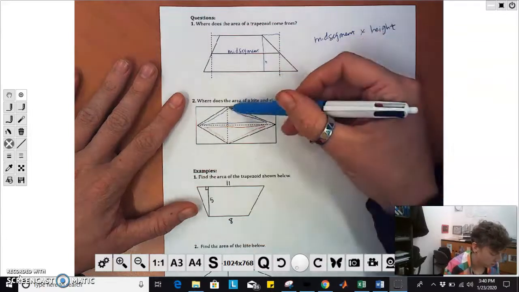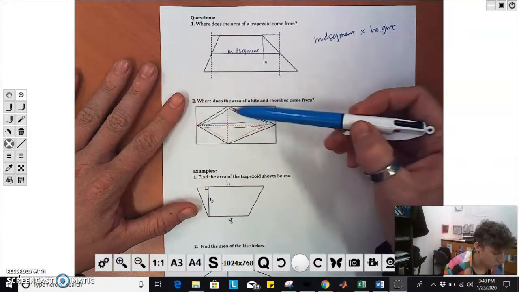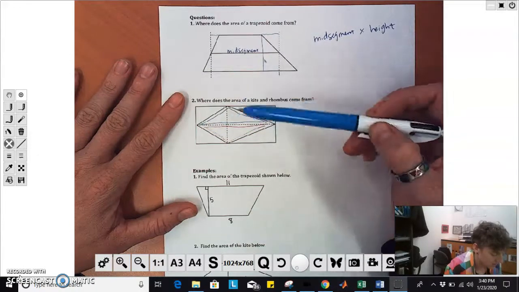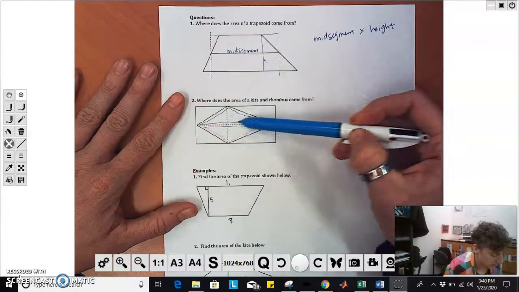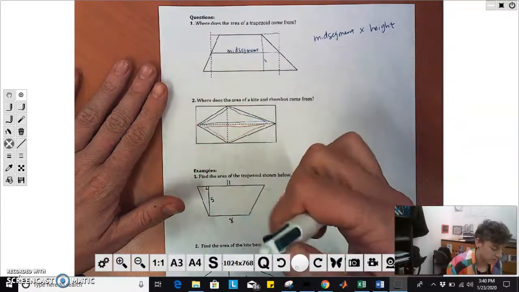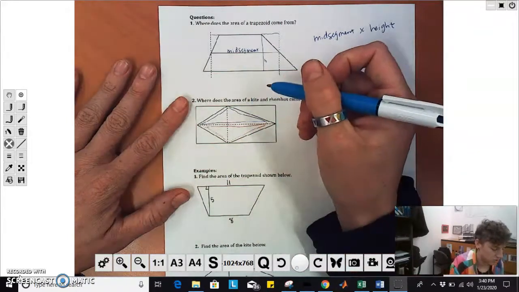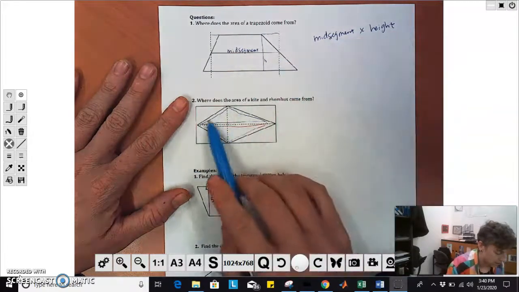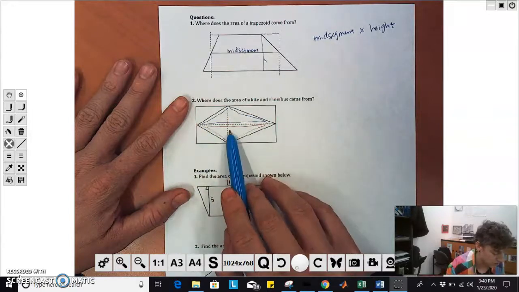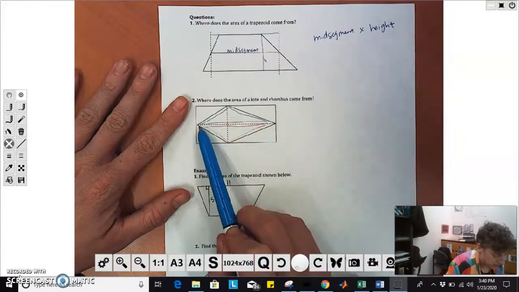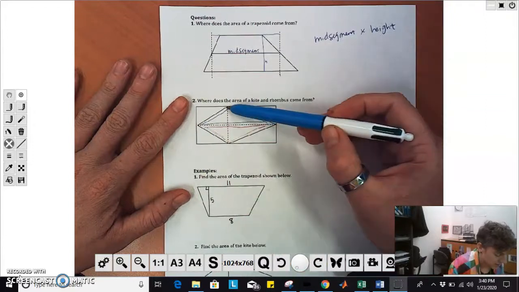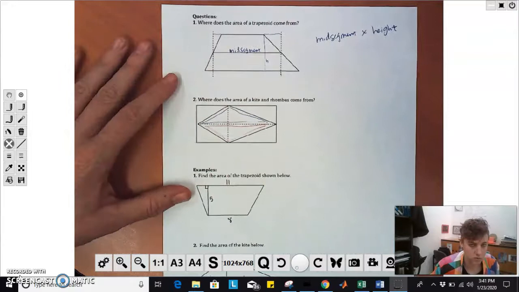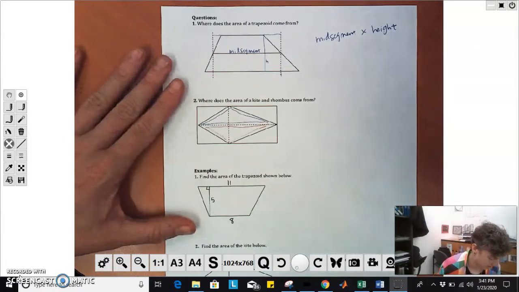So the area of this triangle is 1/2 the base times the height. But then I'm multiplying that by 2. 1/2 the base times the height times 2. So it came from the area of the 2 triangles. All right.